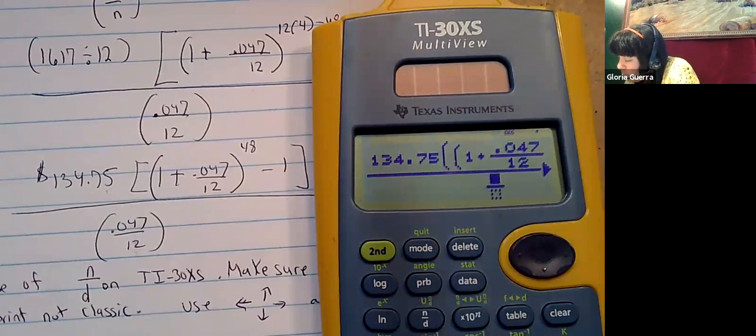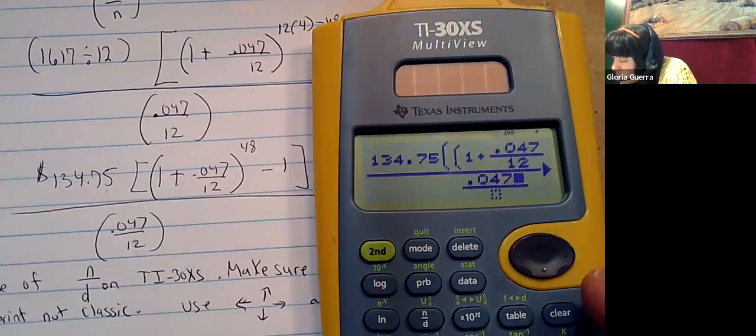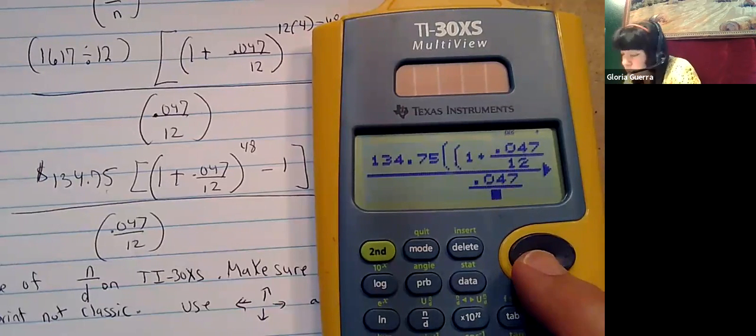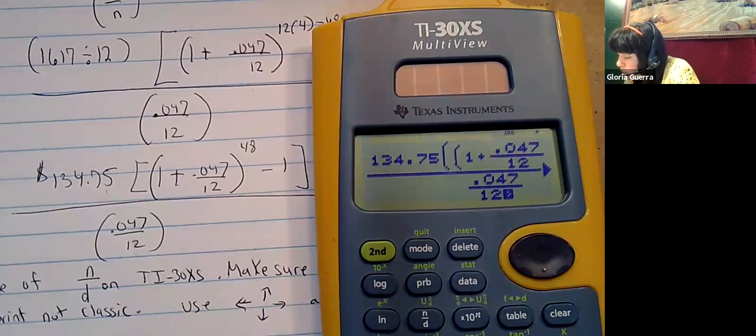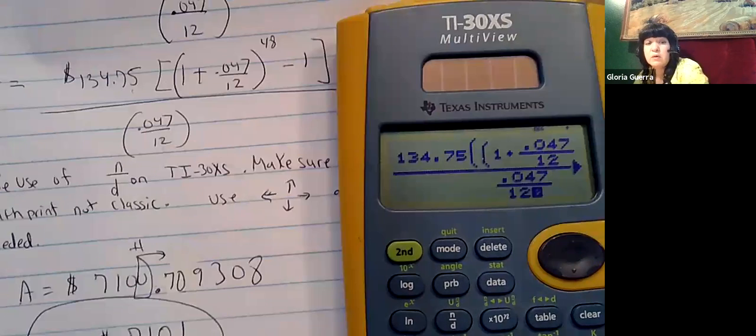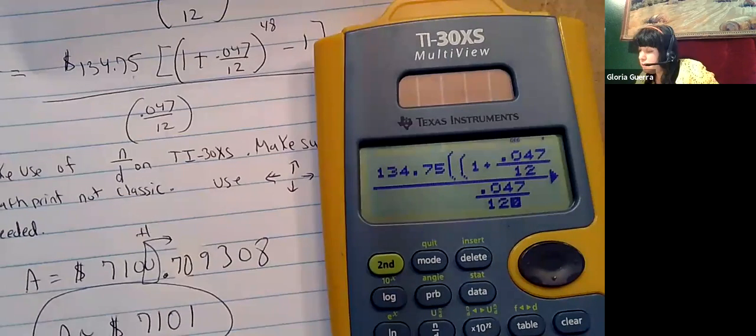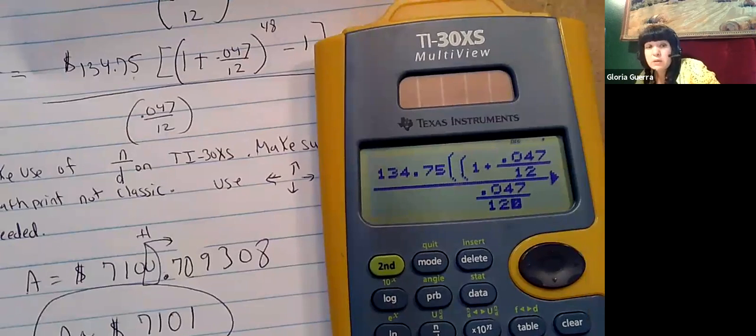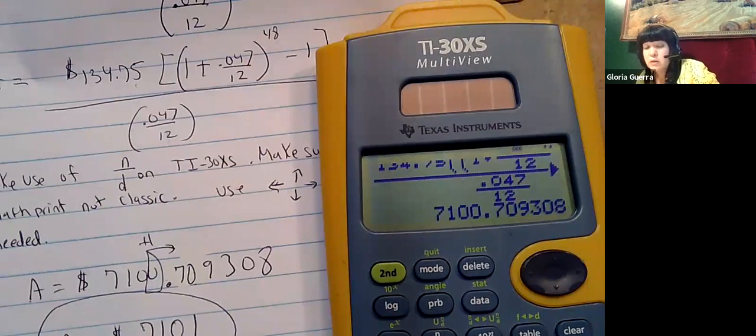Okay, 0.047 and hit that down arrow key, and 12. And now you can just hit enter because there's nothing else that we need. And we're supposed to get this. We did this right. This is what I got the other day when I did that. Okay, that matches. Yes, good.